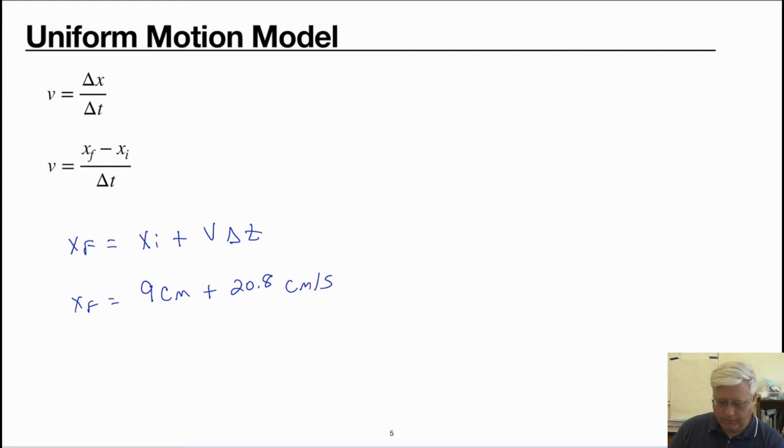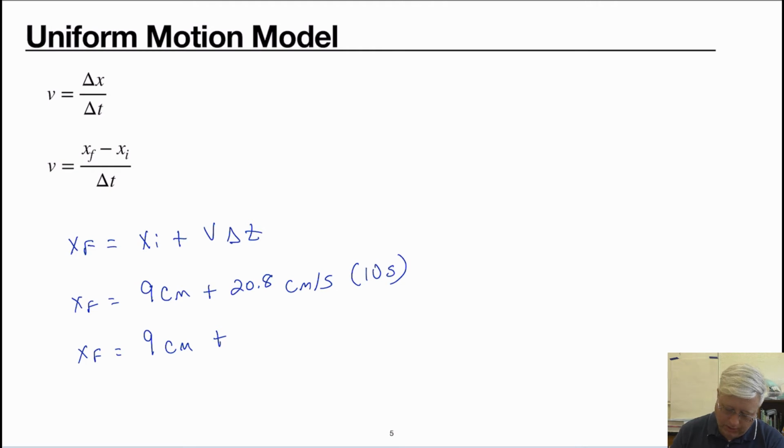And let's say she does so for 10 seconds. At what position is she going to be after those 10 seconds? Well, we're going to add that 9 centimeters, the initial position, to the 20 centimeters per second for 10 seconds.